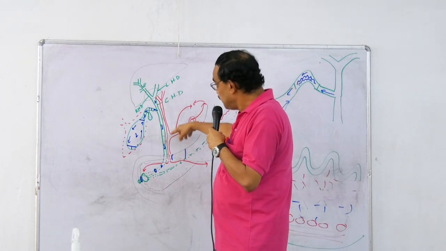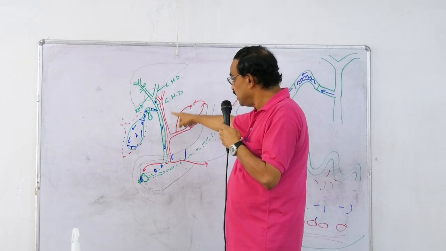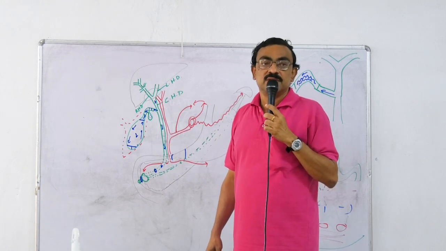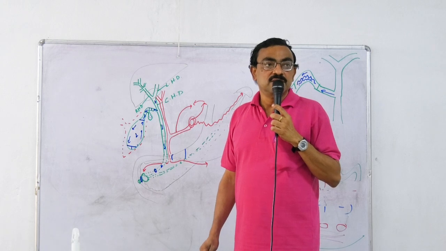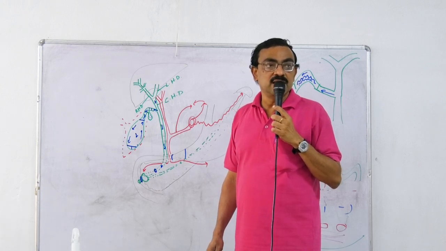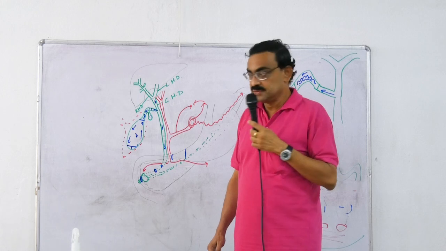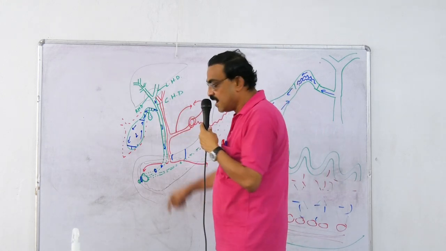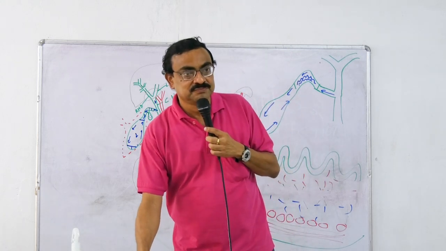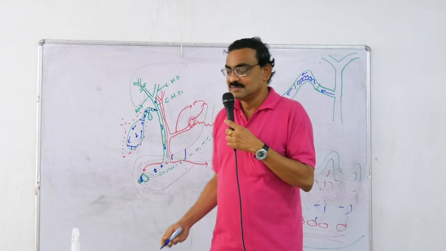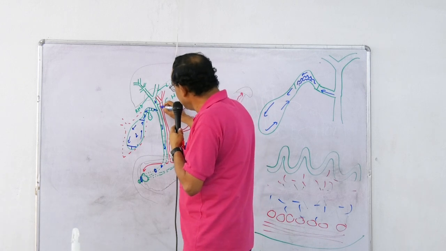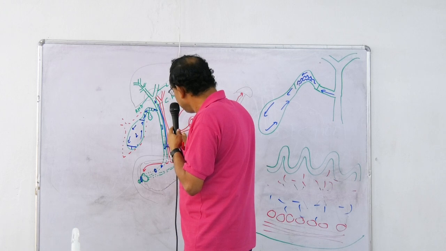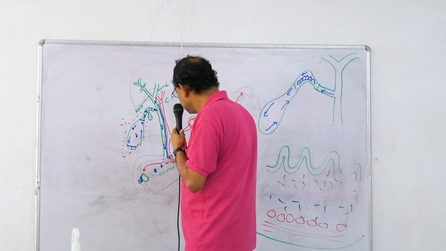So this common bile duct will have the common hepatic artery on its right side, and in between and behind the duct and the hepatic artery we will get one vein.